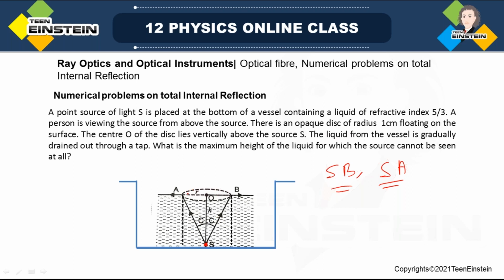And why you cannot see beyond this particular, you know, because suppose the light is suffering refraction. This is the air, and this is the water, or maybe some other liquid, in this case 5/3, some other liquid.